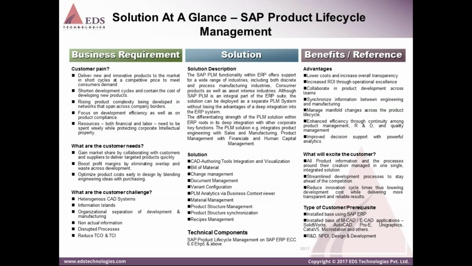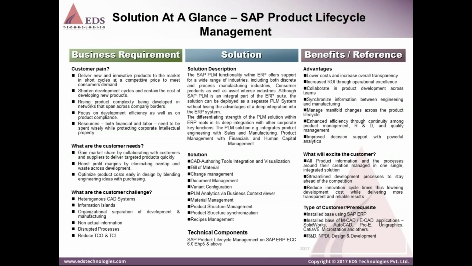There is no system in place to manage all your design related activities, including your other business function activities, which are not available in one single source for us to get connected with the information. And hence there are disruptive processes. Apart from this, the major challenge is to reduce the total cost of ownership and the investment. So how do you address all these challenges?